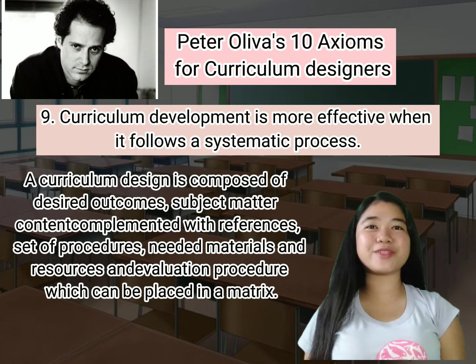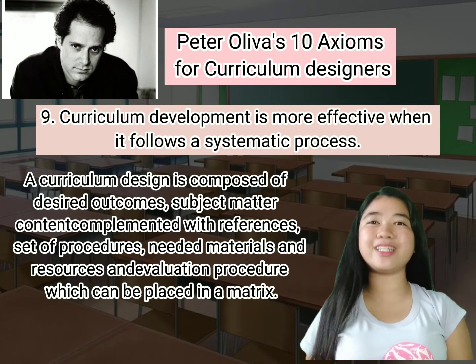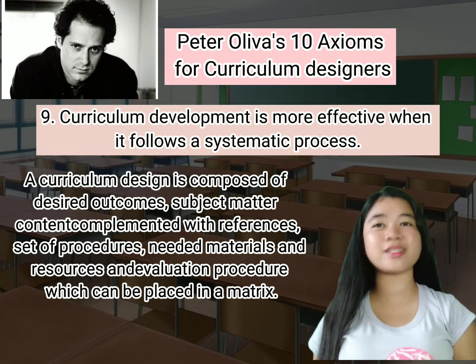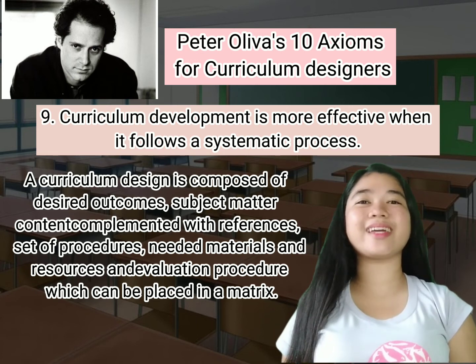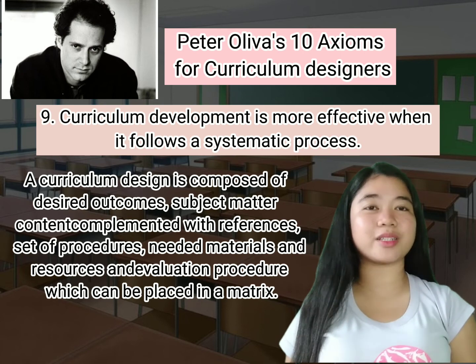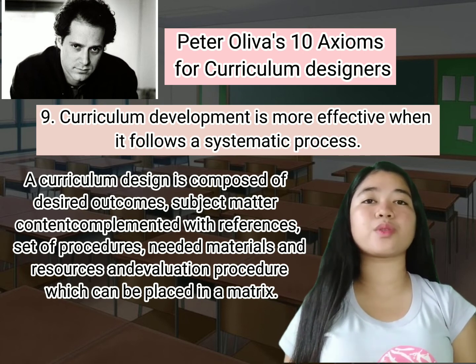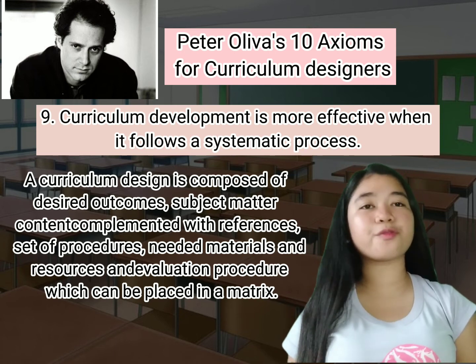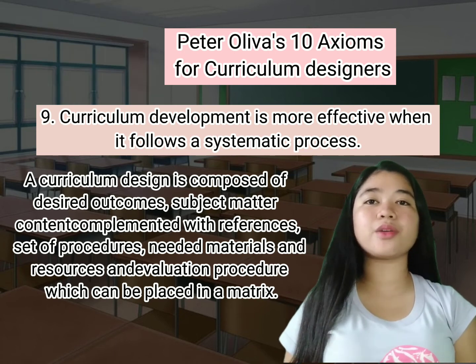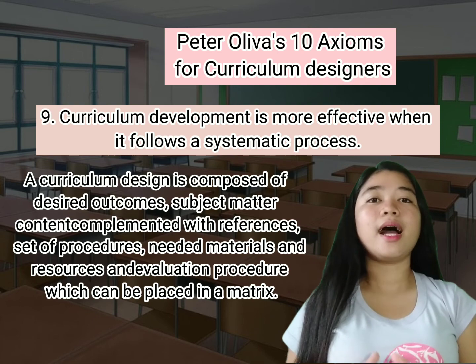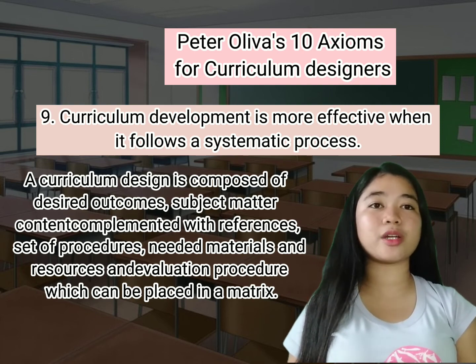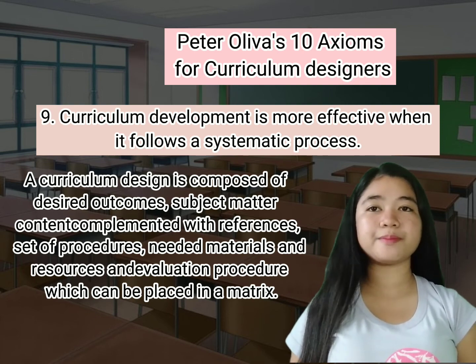Ninth is curriculum development is more effective when it follows a systematic process. A curriculum design is composed of desired outcomes, subject matter content complemented with references, a set of procedures, needed materials and resources, and evaluation procedure which can be placed in a matrix.